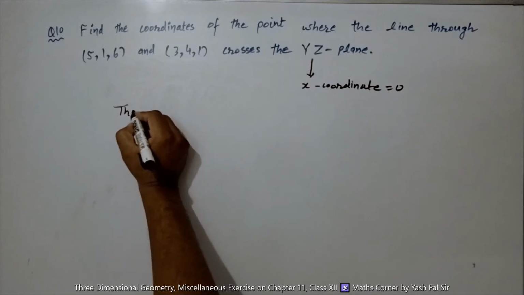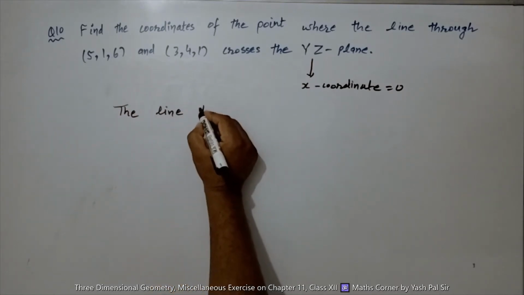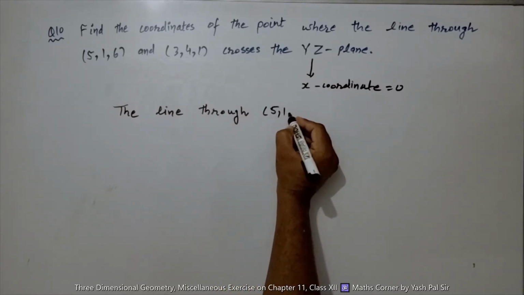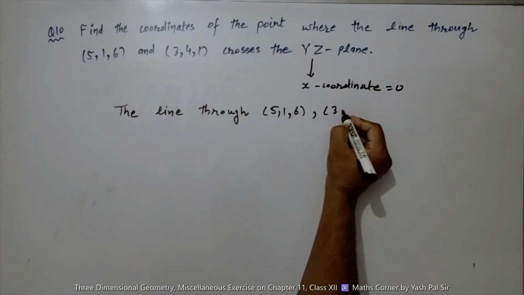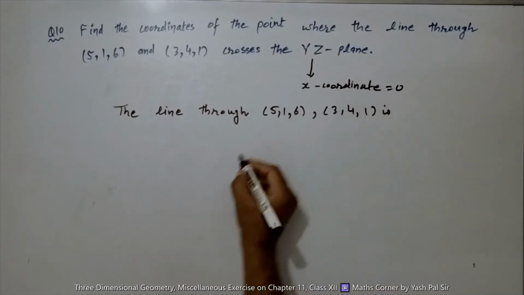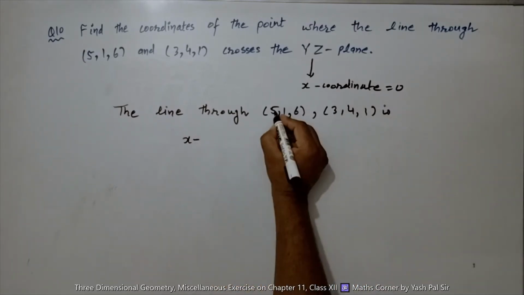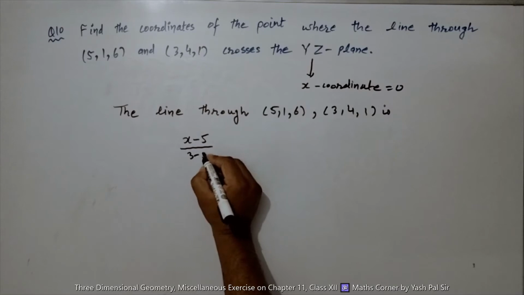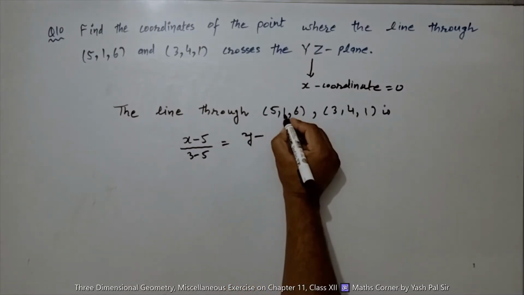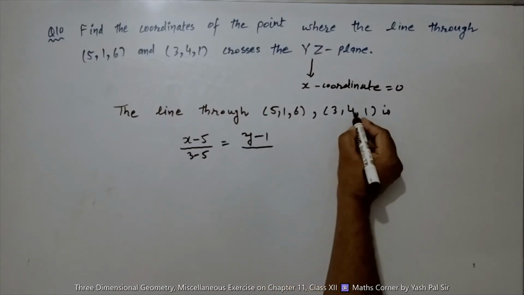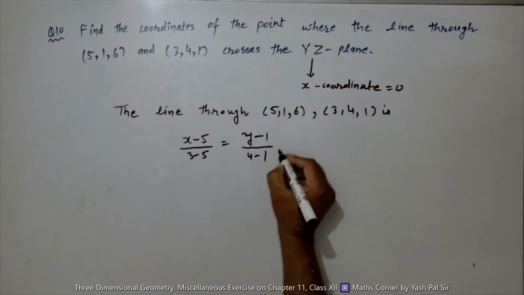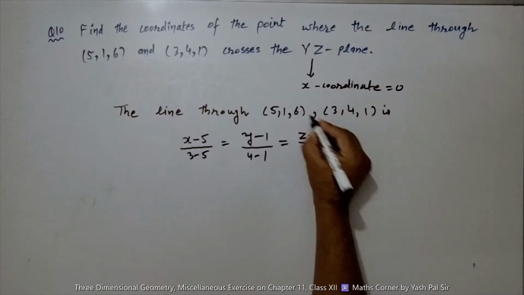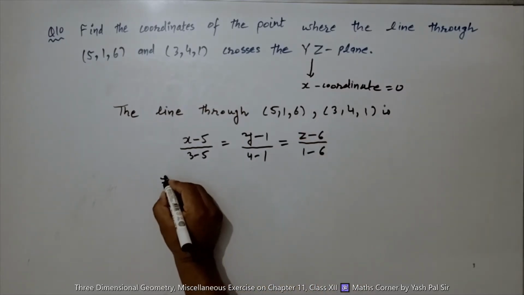Here the line through 5, 1, 6 and 3, 4, 1 is x minus x1, x1 is 5, divided by x2 minus x1, 3 minus 5, equal to y minus y1, y1 is 1, divided by y2 minus y1, 4 minus 1, equal to z minus z1, z1 is 6, divided by z2 minus z1, 1 minus 6.